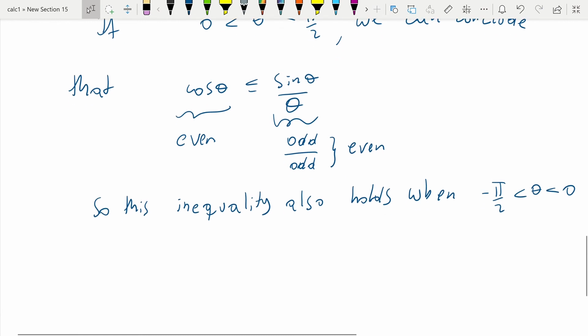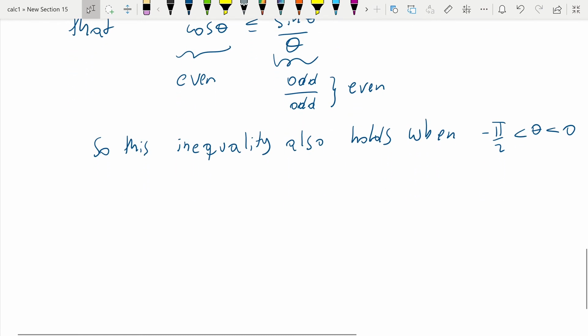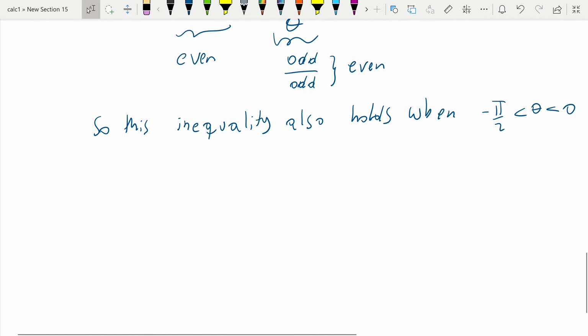And then the next thing is to show that sine of theta over theta is less than or equal to 1, and for that we just look at the first inequality.